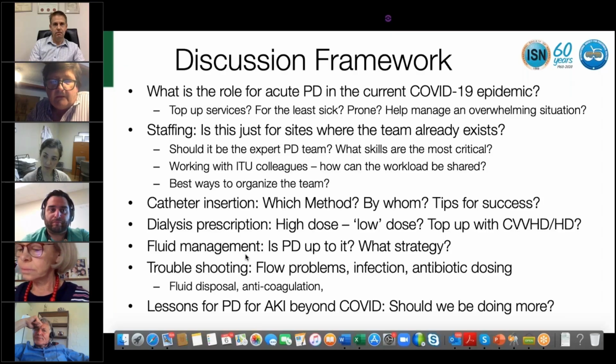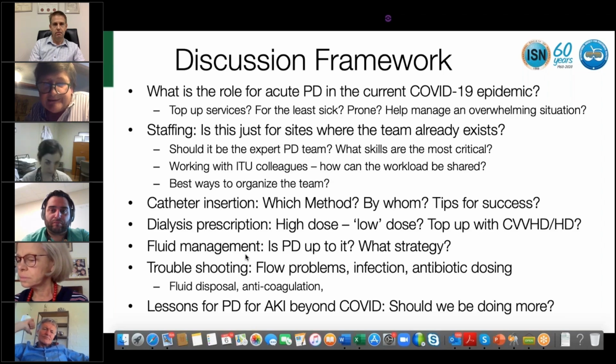Thanks, Fred. So I've had a bunch of questions around infection risk, which I'm going to probably try and answer myself, but I'll then throw it out to the group to add anything to it. But one or two people are asking about the infection risk here. The answer to that is that you can get this virus in PD fluid.